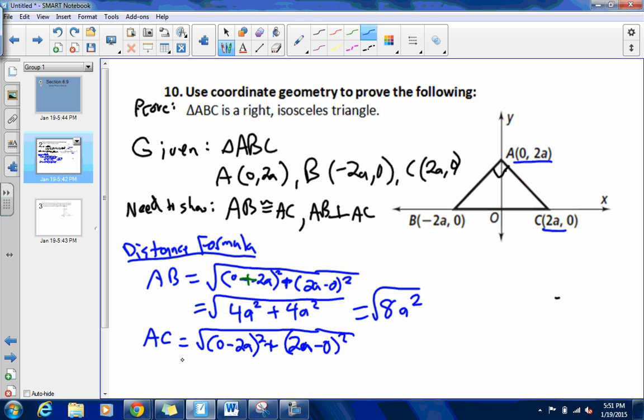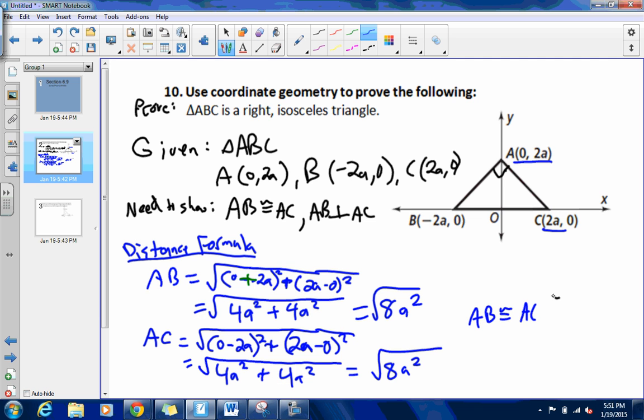That equals the square root of, let's simplify some things, negative 2a times negative 2a would be 4a squared, plus 2a minus 0 is, again, 2a squared, which would be 4a squared. That means we'd have a total of 8a squared underneath the square root sign. All right, so that means that AB is congruent to AC because their lengths are the same.